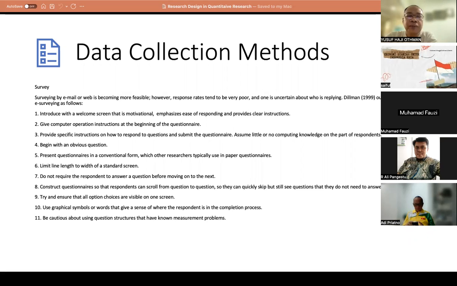In order to pass the test of validity and reliability, all the questionnaire items must have a high outer loading. If the items have low outer loadings, then they might be deleted.